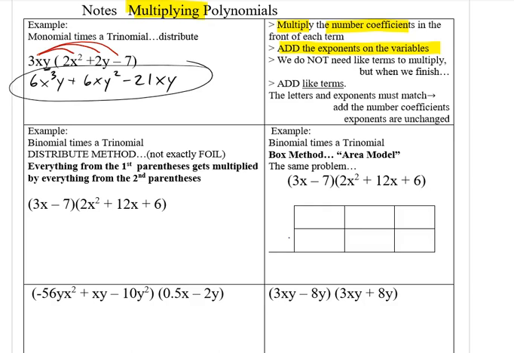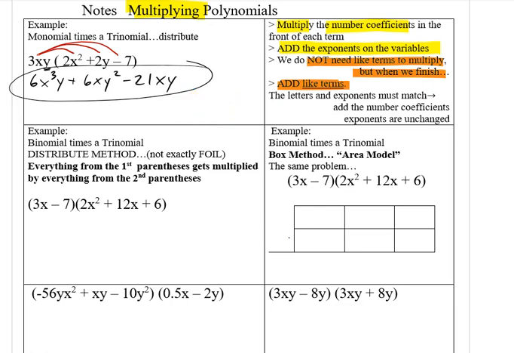So this part here says, but when we finish, add like terms. And here's what I mean. Let's say we finish and we get 6xy squared and then a negative 2xy squared. Since this is xy squared and this is xy squared, same thing, you would just add those numbers. 6 minus 2 gives me 4xy squared.